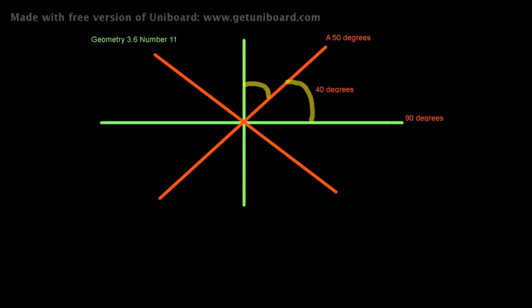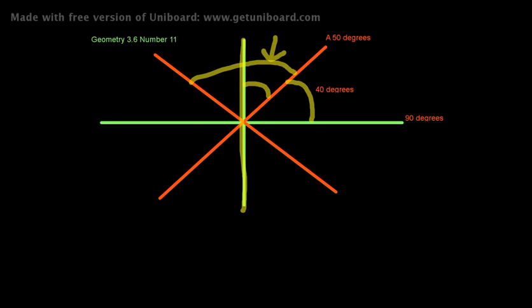Now the problem tells you that the north, south, east, west lines, these ones, are bisecting this big angle. So that means if this over here is 50, then this over here has to be 50, right?